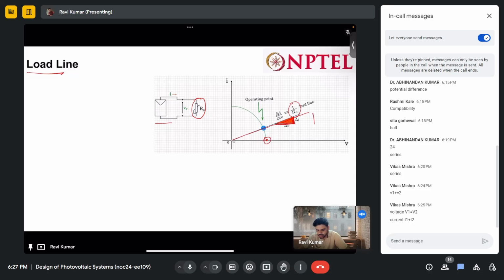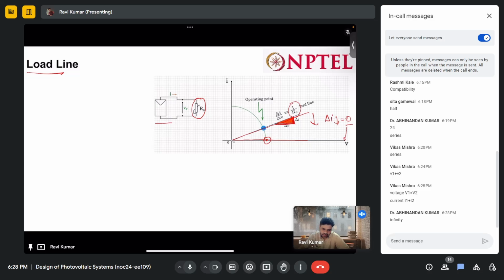If we are moving downward, this delta I will decrease and it will become 0 at this axis. And if delta I is 0, then R naught is infinite. Yes, Abhinandan, you are right, it's infinity. So this point is our VOC, because that is the open circuit.